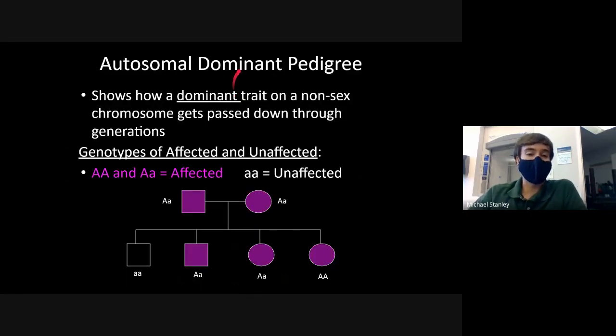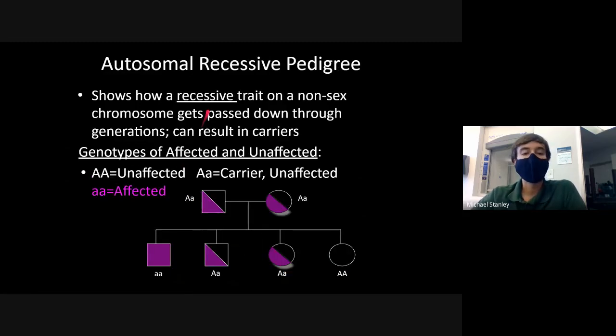We could have dominant pedigrees, which show how dominant traits, big letter traits, are passed down. Usually in dominant pedigrees, a lot of people will get the trait because it's easy for it to show up in a person. Recessive pedigrees, again, a recessive trait only shows up when you get 2 recessive alleles. So this is where you can get carriers, people that have the dominant allele, so they do not have the recessive trait, but they still carry a copy of the recessive allele, so they could pass it down to their future offspring.